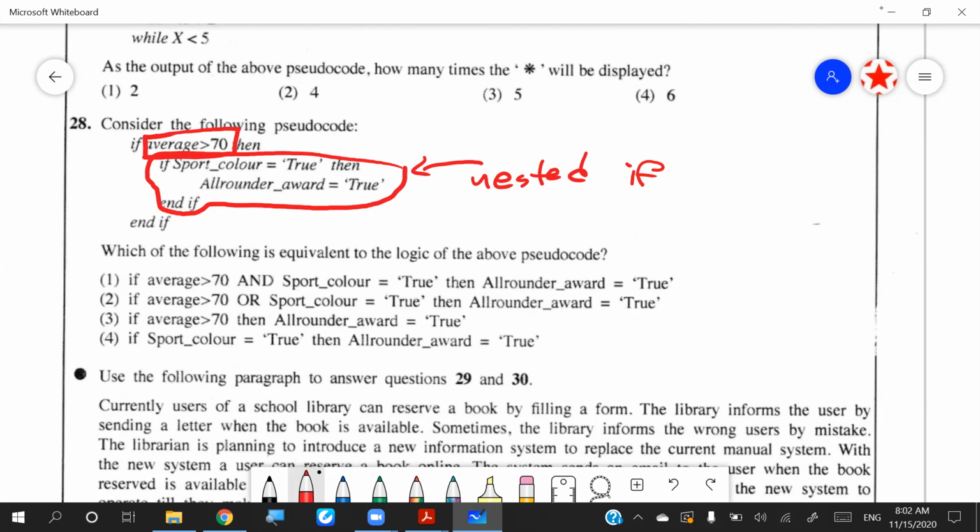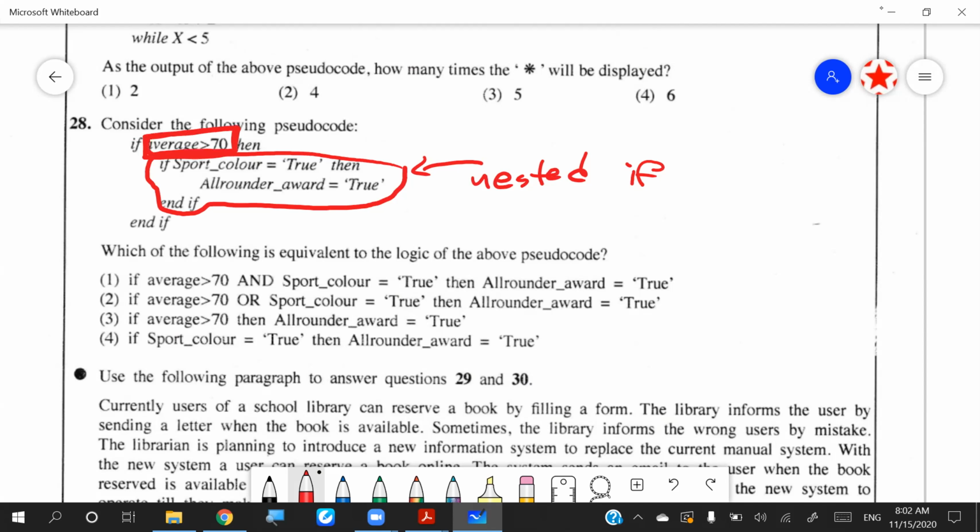Which of the following is equivalent to the logic of the above pseudocode? Okay. So here we say if average larger than 70 and sport color equals true, then all-rounder awards true. Yeah. Now, as I told you, this nested if will happen if this condition is true.